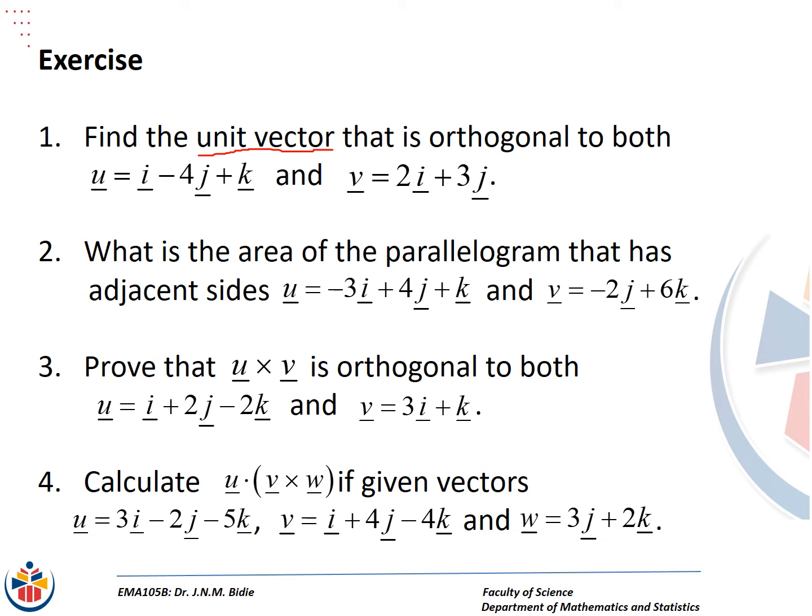So find U cross V for number 1, and then do the dot product between that U cross V with U, and then the dot product between U cross V and V, and see if you are going to get 0. And then again here, number 2, we've been asked for the area of the parallelogram with adjacent sides U and V.